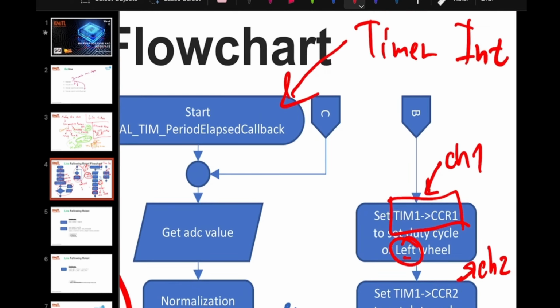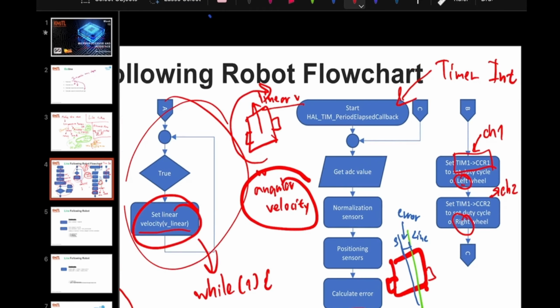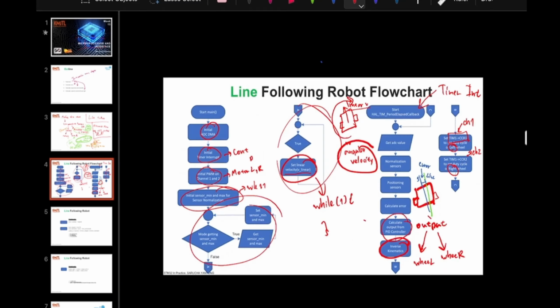And 25% looks like this. Turn on less than turn off. So this means your motor will move very slow. Okay, this is the main concept.